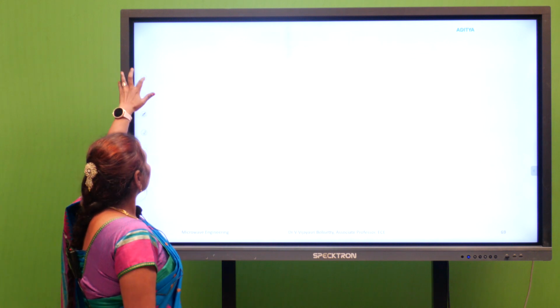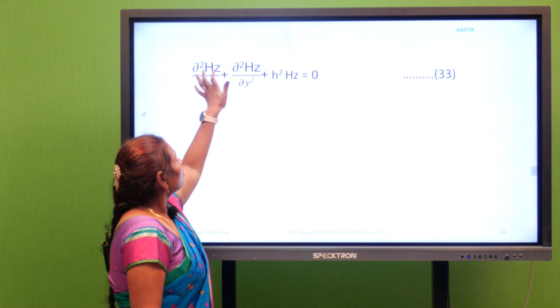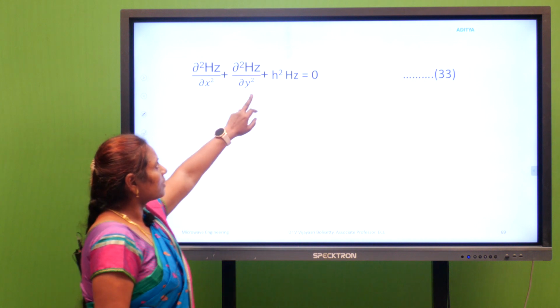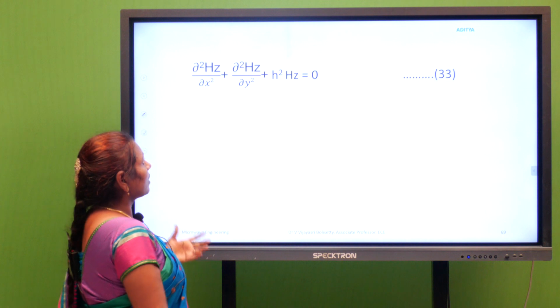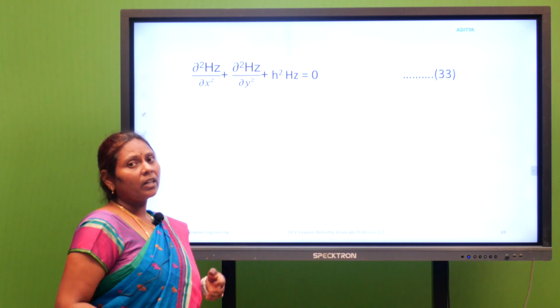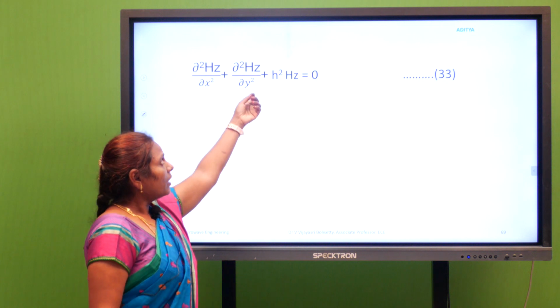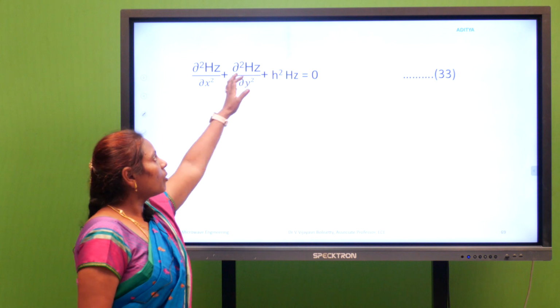So, we can consider it as equal to h square. So, dou square Hz by dou x square plus dou square Hz by dou y square plus h square Hz is equal to 0. This is a second order differential equation in terms of x, y, and the third term, h square Hz, is completely a constant.